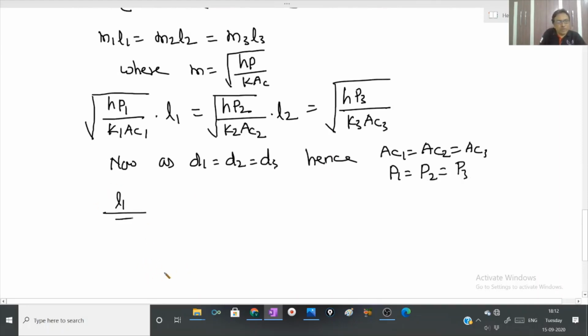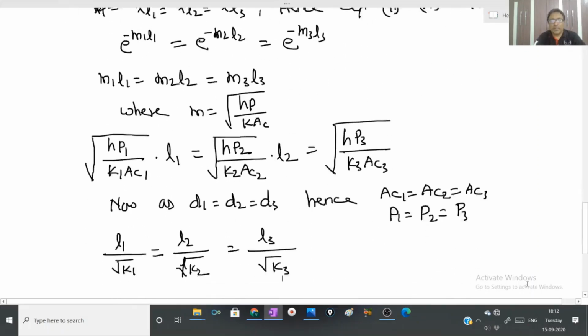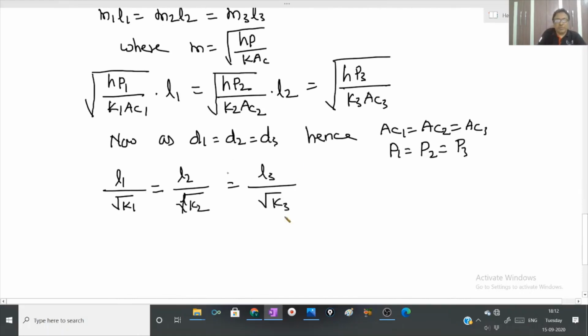L1 over square root of K1 is equal to L2 over square root of K2 and L3 over square root of K3. Let's say this is equation number 5.